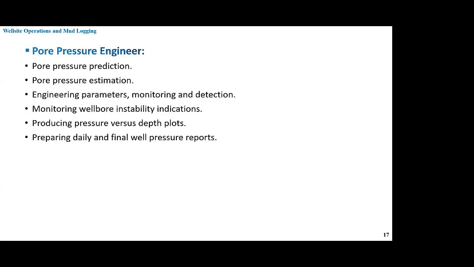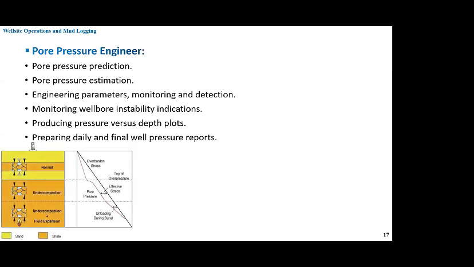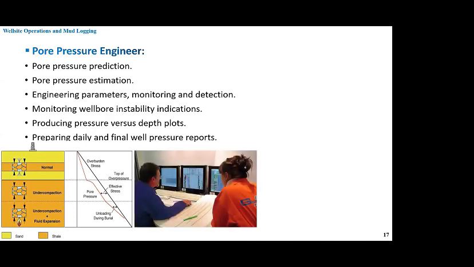Pore pressure engineer, its main responsibility is to predict pore pressure, also estimates pore pressure during the drilling operations, build a model for pore pressure before drilling, then update and cross-check the model during the drilling using the new data, and monitor the well stability during the drilling operations and prepare reports for the well site geologist and drilling supervisor.